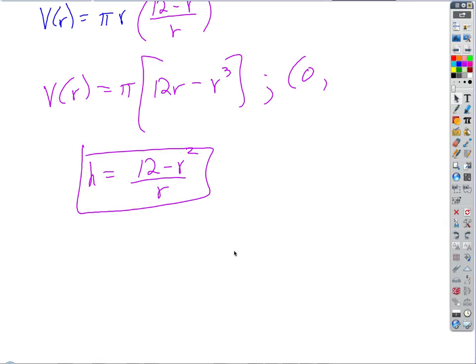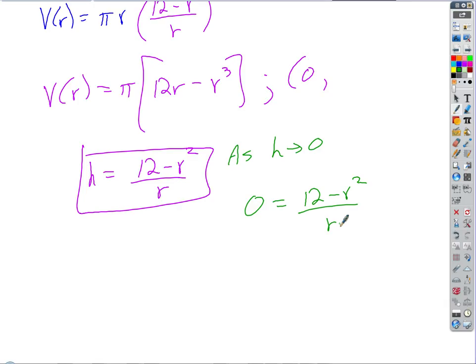As h goes to 0, then I end up with the equation 0 equals 12 minus r squared over r, right? So what's r going to? The square root of 12, right? Because this fraction would go to 0 when the top goes to 0.